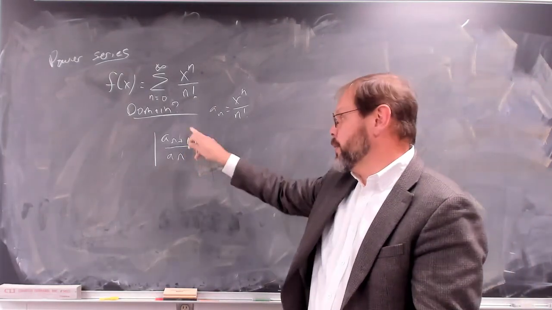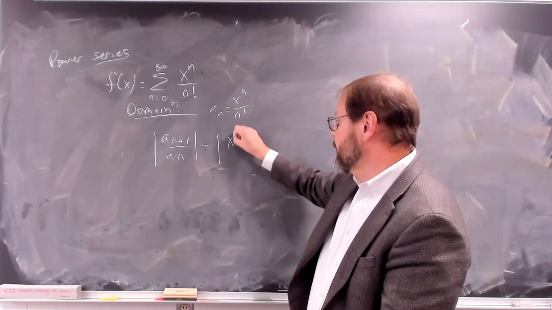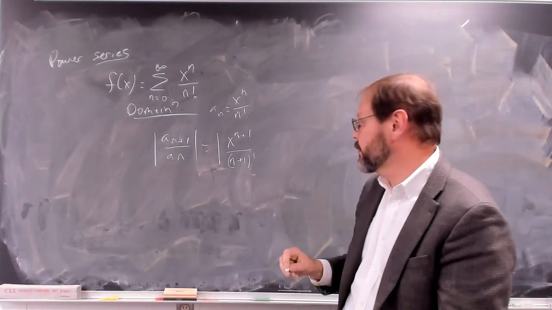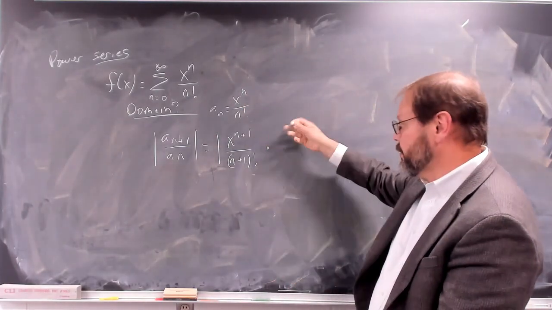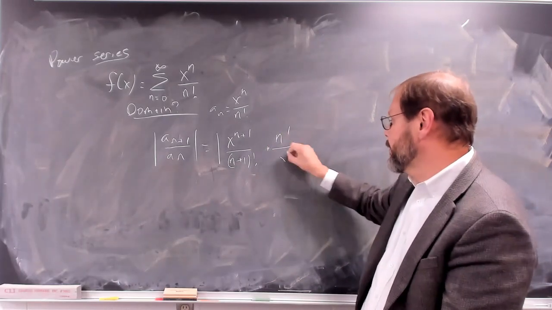And I say, okay, well, I understand that I have that, which I could simplify as x to the n plus 1 over n plus 1 factorial. And then the denominator, I'd be dividing by this, but I'll invert and multiply, take the reciprocal, n factorial over x to the n.